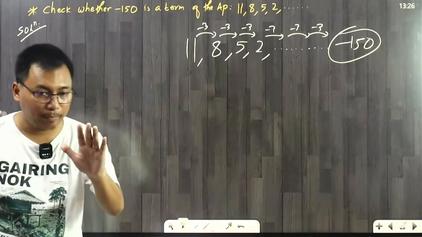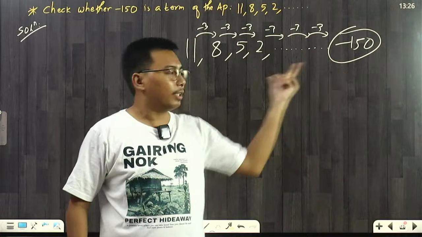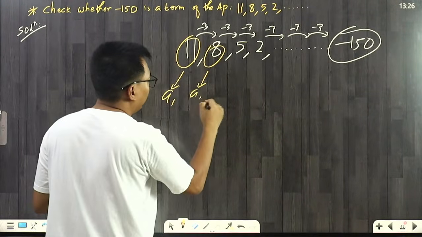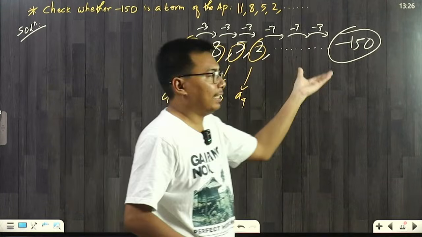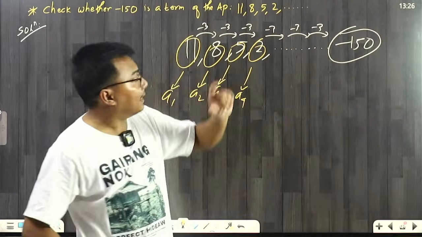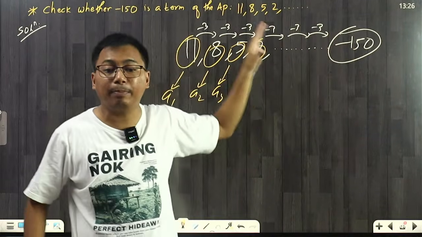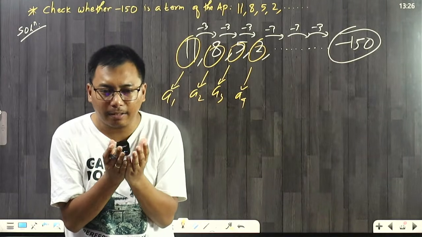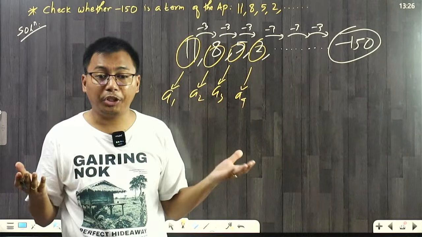Now listen properly. If minus 150 is a term of this AP, which number term is this? This is A1, this is A2, this is A3, this is A4. Then we'll get A5, A6, A7, A8. So if minus 150 is present in this AP, it will be some term, but we do not know which number term it is.